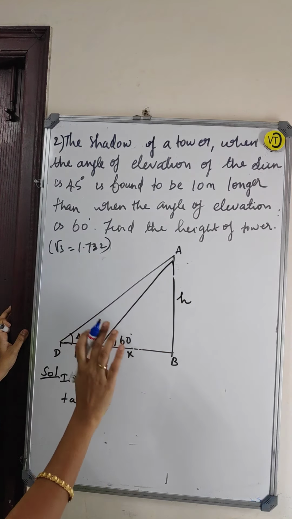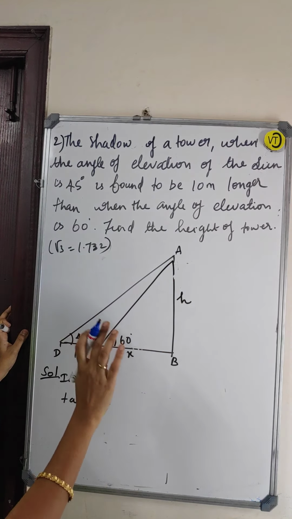So root 3 h minus 10 root 3 equals h. Root 3 h minus h, bring this side, and 10 root 3 will go to the other side. Now h I can take common: h into root 3 minus 1 is 10 root 3. So h is equal to 10 root 3 by root 3 minus 1.